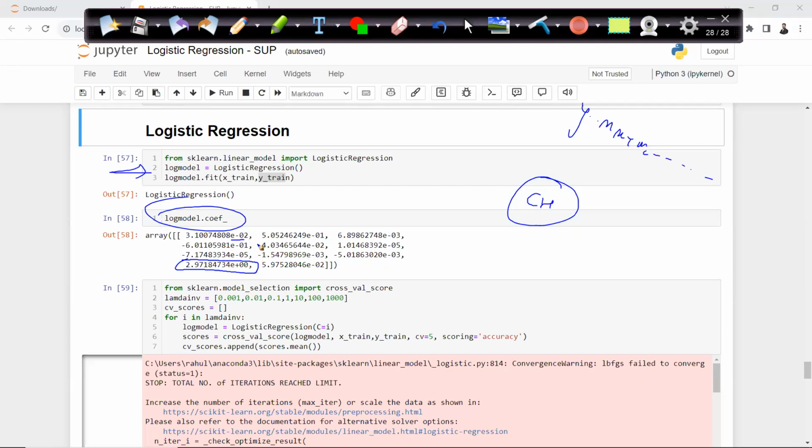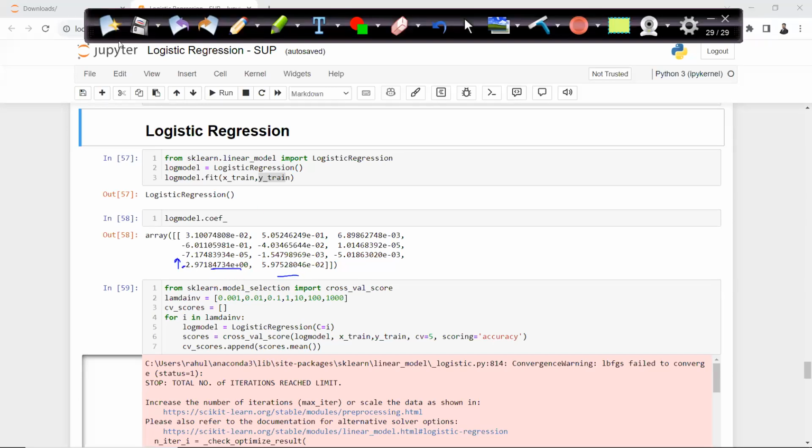So you can see very small numbers, 0.003, 0.05, 0.0006, 0.01 negative 6, like that. But this one is 2.97. So I am getting the higher weightage for this particular feature, that is the second last feature.